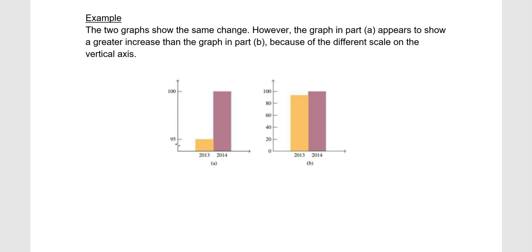For whatever reason, whatever these graphs represent, it could have been used to show that this was a larger increase than it should have been, or maybe to show that this was a smaller increase than it should have been, depending on the context of the problem. So the same exact graphs, but we can see that the scale change makes them look quite different.